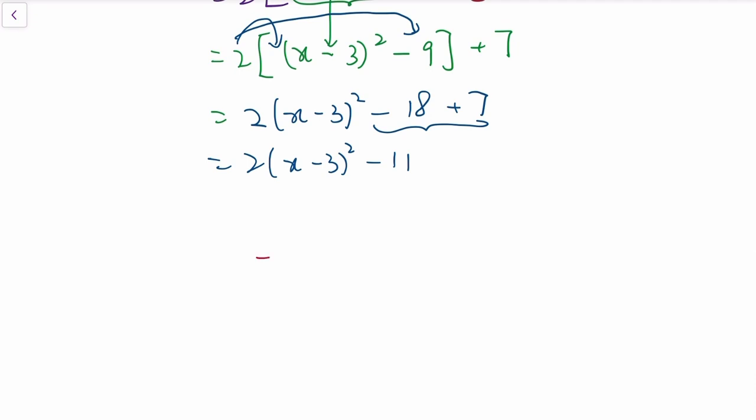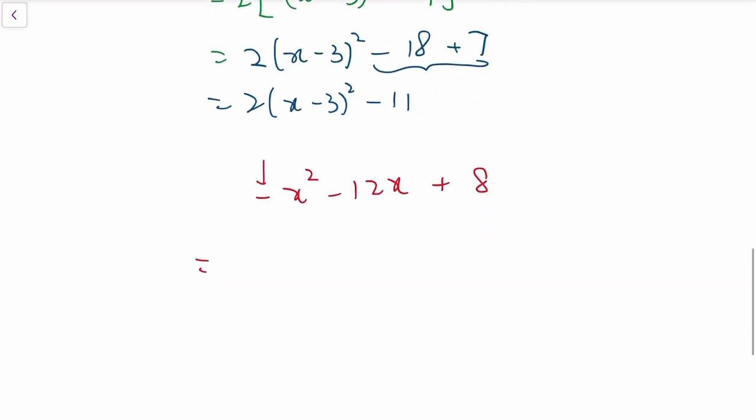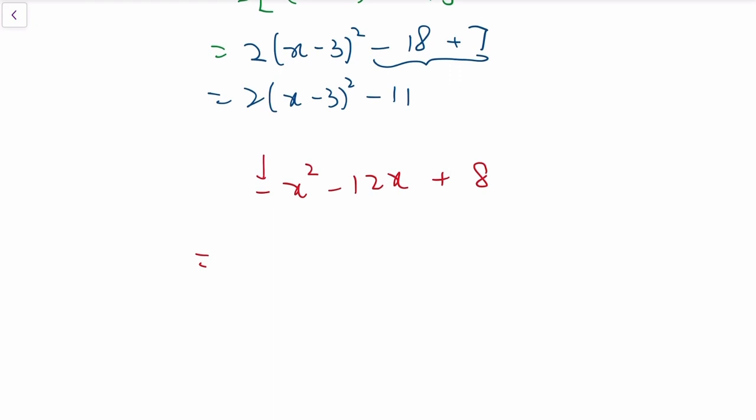Let's try one more. So this time we have a negative in front of the x squared, so we'll still need to factor it out. You want to pause the video, give it a try. Answer is coming: 3, 2, 1. So you take out the negative, so it becomes a plus 12x.